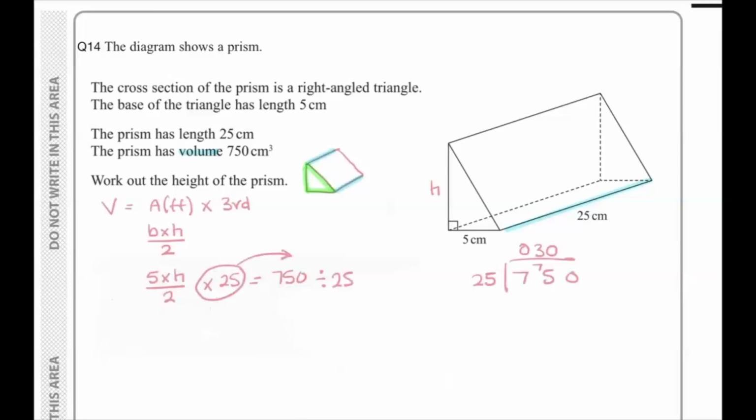So what I've now got is 5 times the height divided by 2 equaling 30. I'm going to get rid of the divide. It will land as times by 2. So I now have 5 times h equals 60. And when I divide through, I get the height is 12.